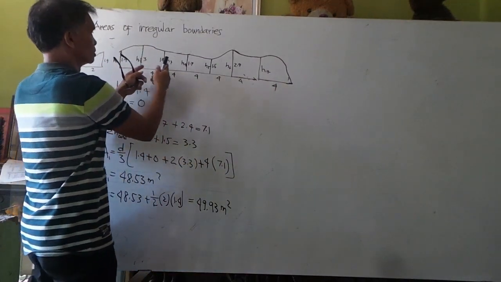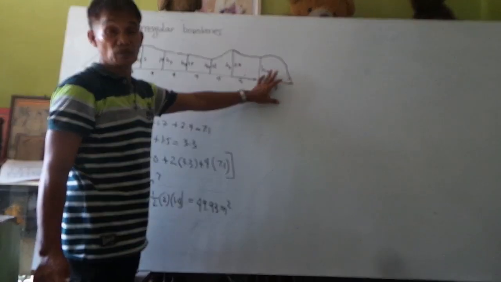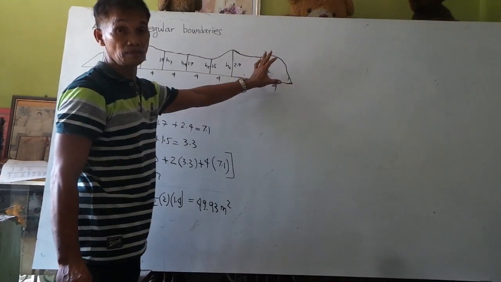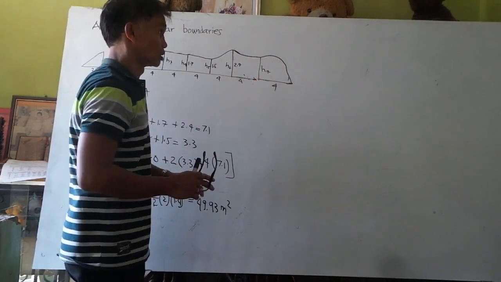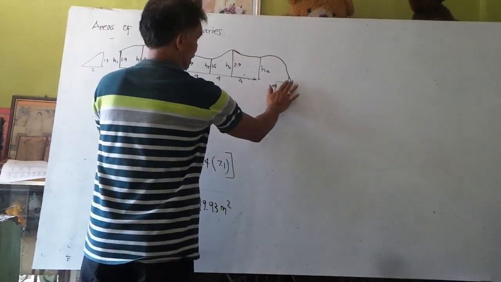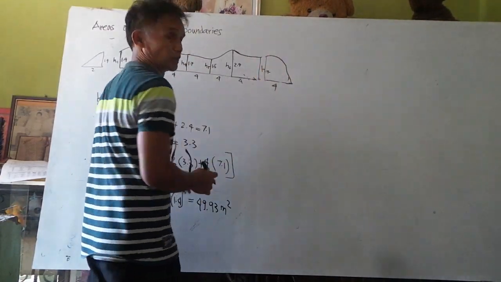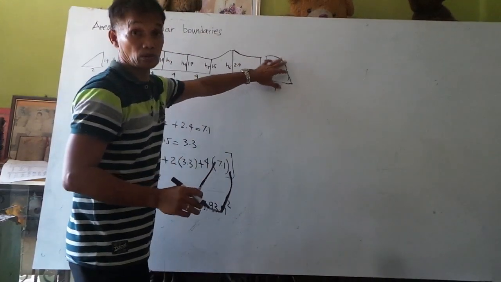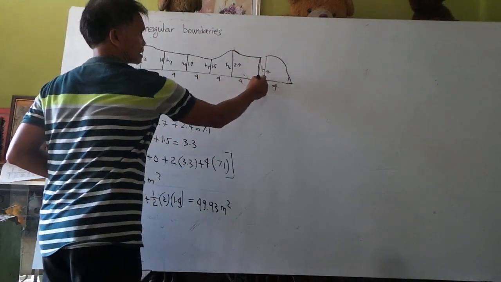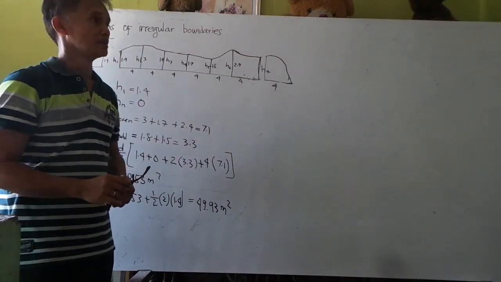If you try to count 1, 2, 3, 4, 5, 6, 7, that is 7 intervals. In that case, the Simpson 1/3 rule is not applicable to all of it. So we separate this area and use a triangle only, and the Simpson rule applies to the part with an even interval. Okay?